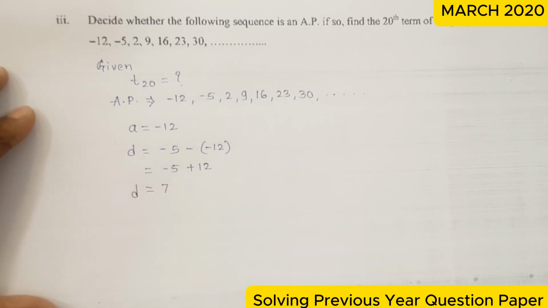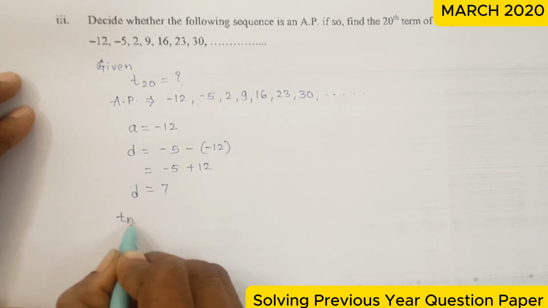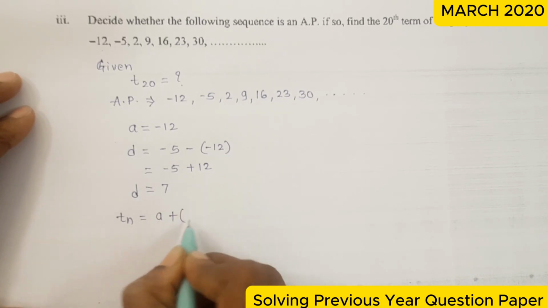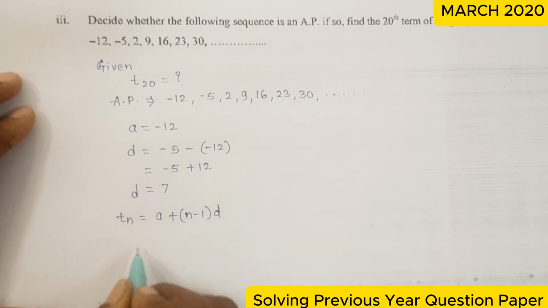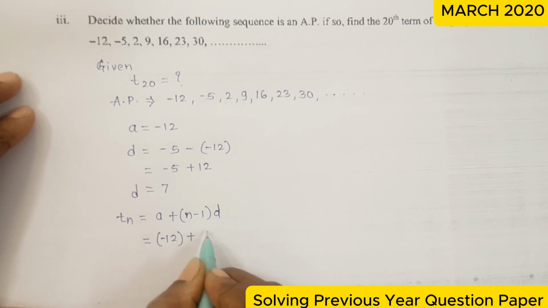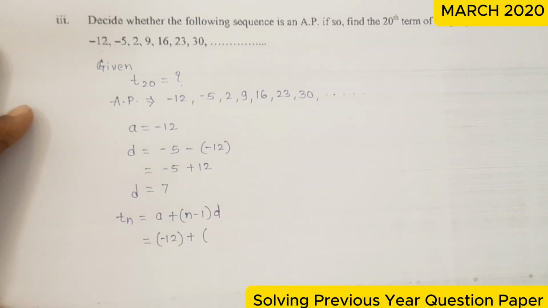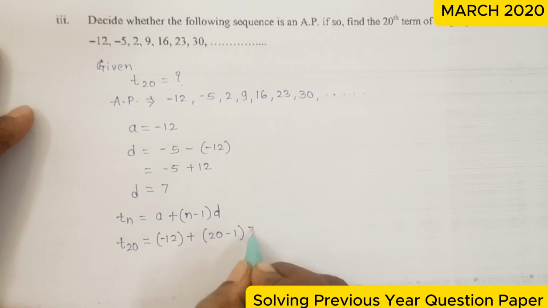So d is equal to 7 students, and here we use the formula for Tn. So Tn is equal to a plus n minus 1 times d. So here students, a is -12 plus n minus 1 times d, and we have to calculate T28 students. So here we write T28, and n will be 28. So 28 minus 1, and d is 7.